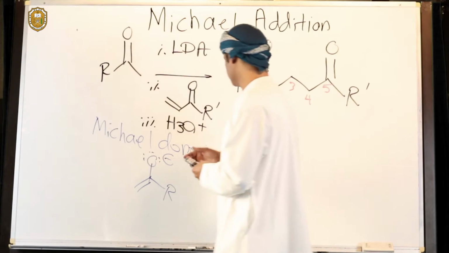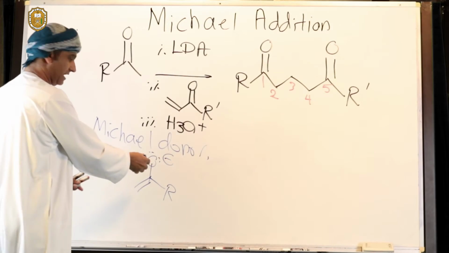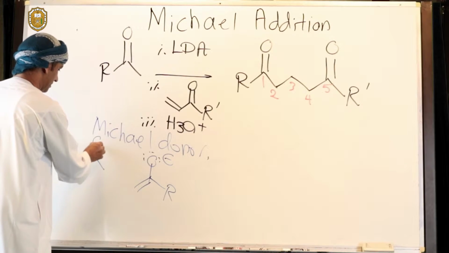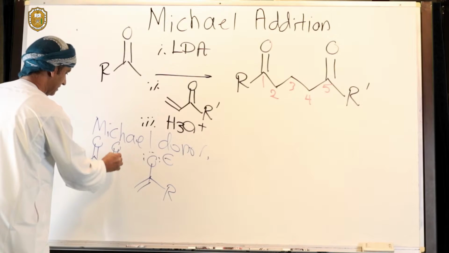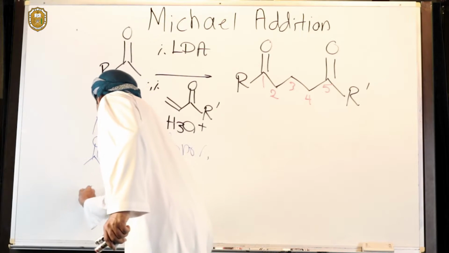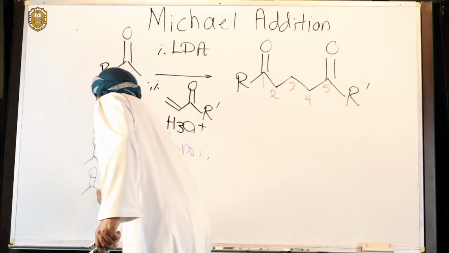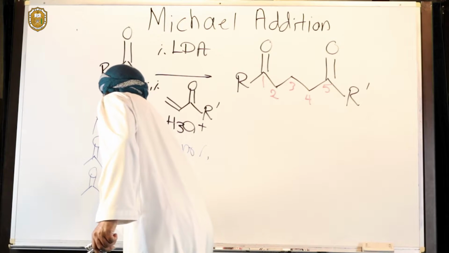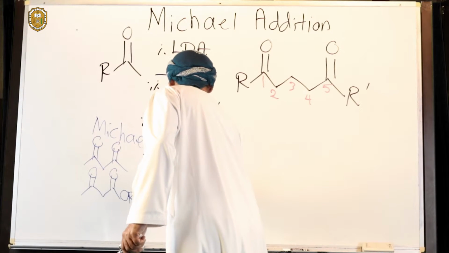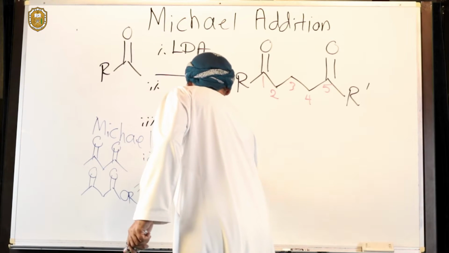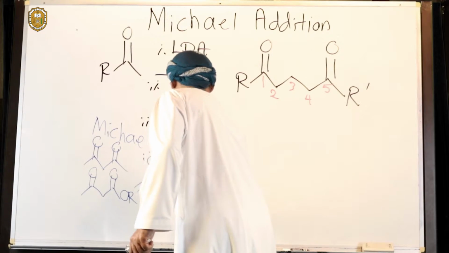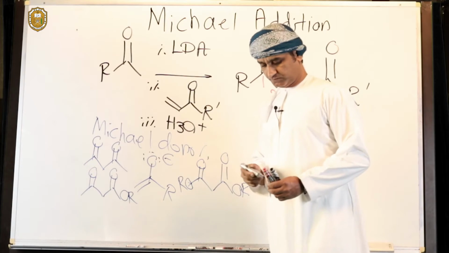So Michael donors, therefore, are basically any carbonyl compound. We can also add to them 1,3-diketones. We can also take beta-ketoesters like that. We can also have dialkyl malonates as excellent Michael donors.